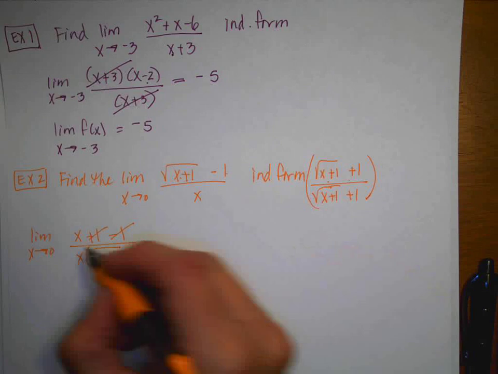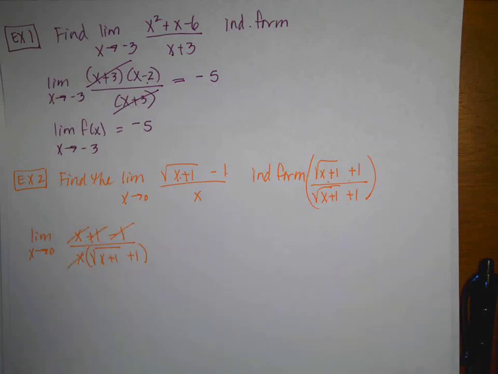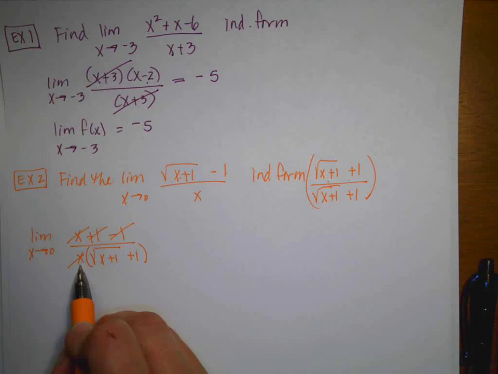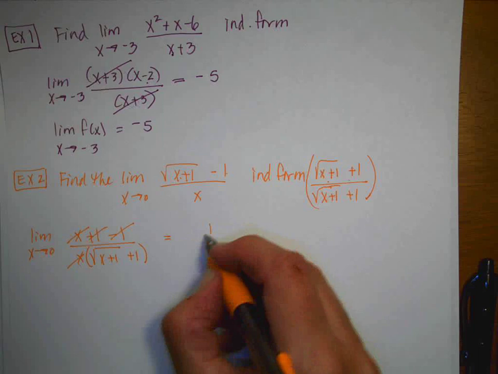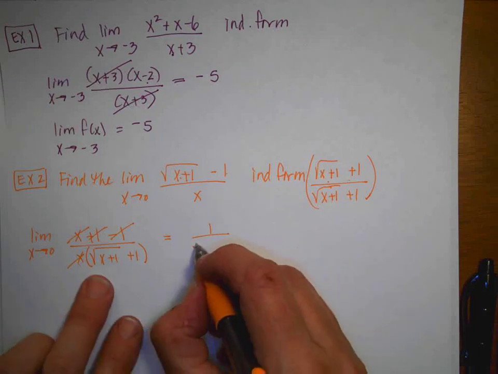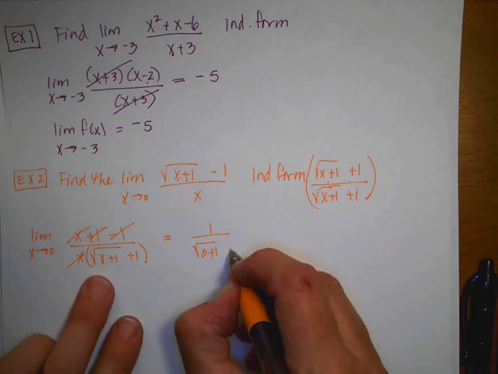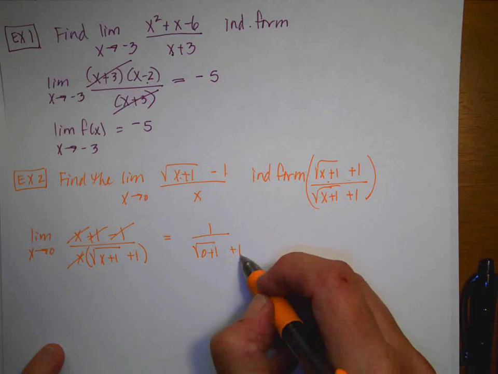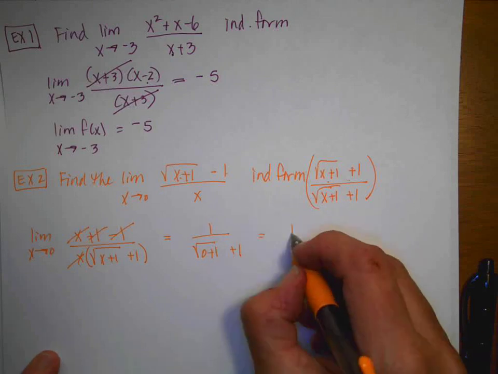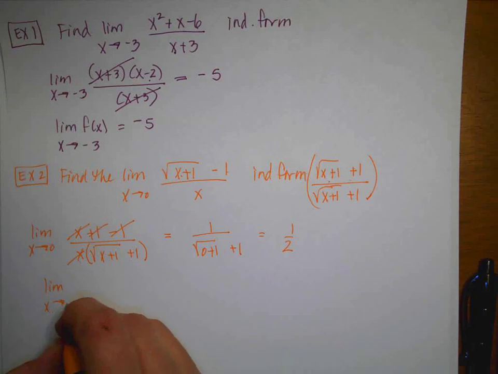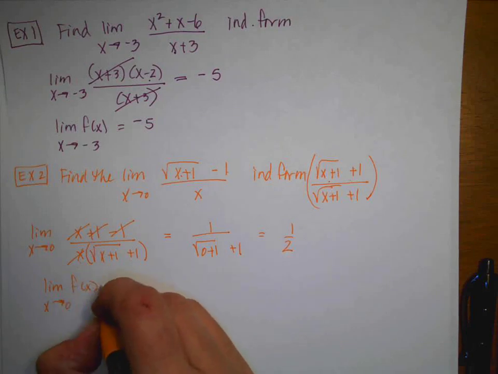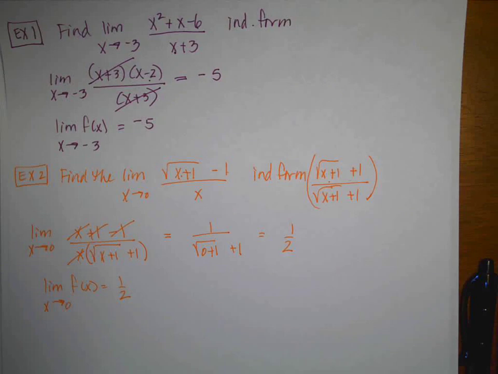The 1's cancel, the x's cancel, which is why we multiplied by the conjugate to eliminate the indeterminate form. Now I can do my direct substitution, and this is 1 over the square root of 0 plus 1 plus 1. 1 plus 1 in the denominator is 2, so this is 1/2. And then I'm going to write my conclusion statement: as x approaches 0, the limit of the function was 1/2.